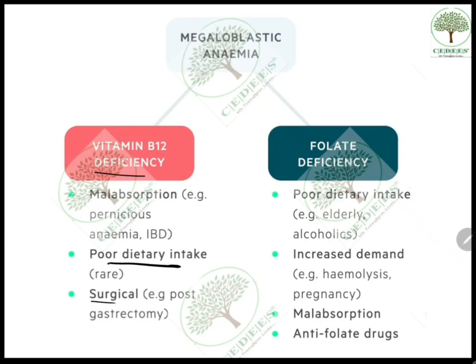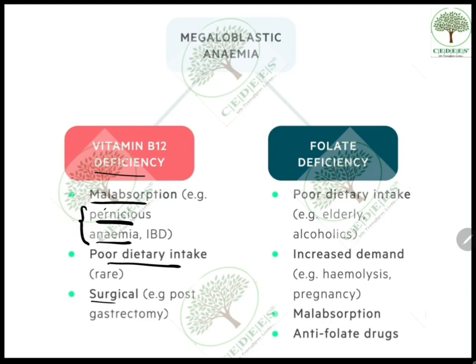It can be due to surgical procedures done on the patient, or certain syndromes like Zollinger-Ellison syndrome, or other conditions wherein absorption has been affected. Similarly, due to autoimmune conditions or malabsorption, that is a type of anemia called pernicious anemia. So pernicious anemia is a macrocytic megaloblastic anemia caused by B12 deficiency or malabsorption.